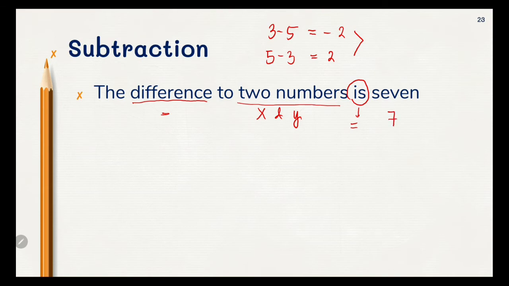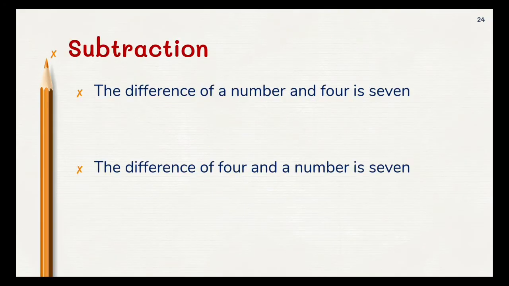Okay? If it's like this, the difference, you just follow the order how the numbers are presented. So I can have x minus y equals 7. The difference of a number and 4 is 7. Okay? The same case, difference, so that's minus.